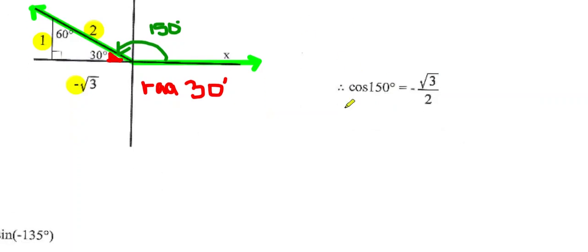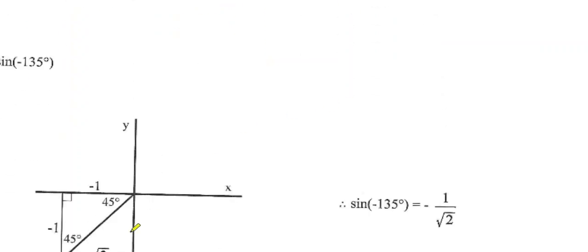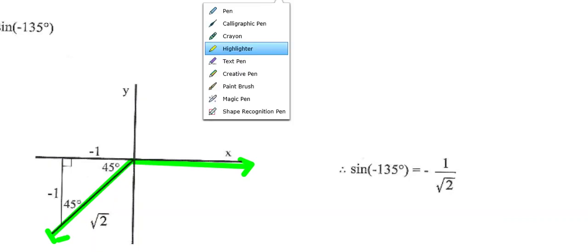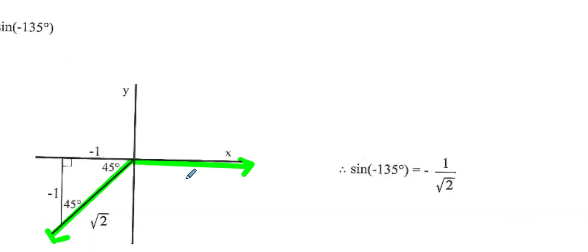All right. This one asks you to find sine of negative 135 degrees. Sorry, a little wobbly here. All right, we have our negative angle of 135. Okay, so make sure that gets put in there.